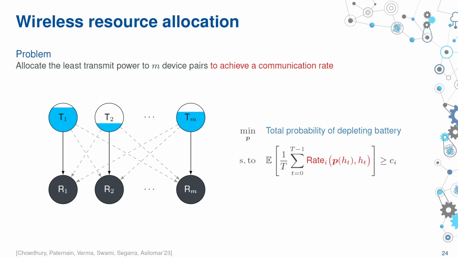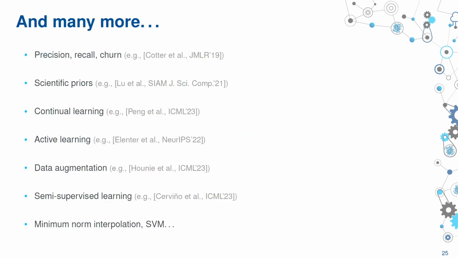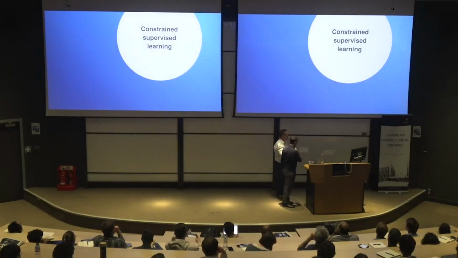And rather than minimizing the maximum power, I actually want to minimize the probability that I deplete the battery. Okay, so this is a large number of problems that we can solve. There are many more, but these are the ones that we're going to focus on today, to give you examples of what can be done with this theory. And with that in mind, I'm going to give the microphone to Alejandro, who is going to be talking about constrained supervised learning.